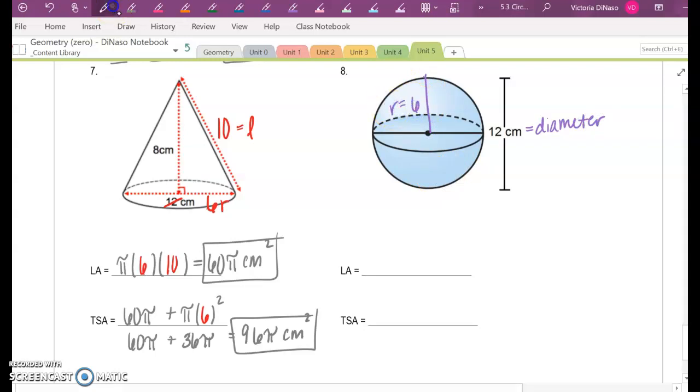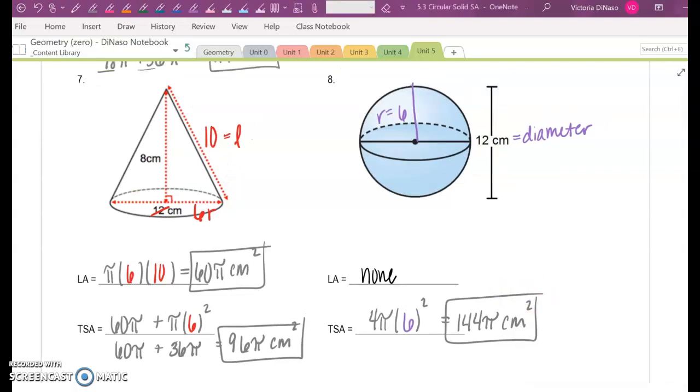Now, since it's a sphere, there is no lateral area. So we're just going to use our formula, 4 pi r squared, with r as 6. You just have to multiply 4 times 6 squared in your calculator, and you're going to get 144 pi centimeters squared.